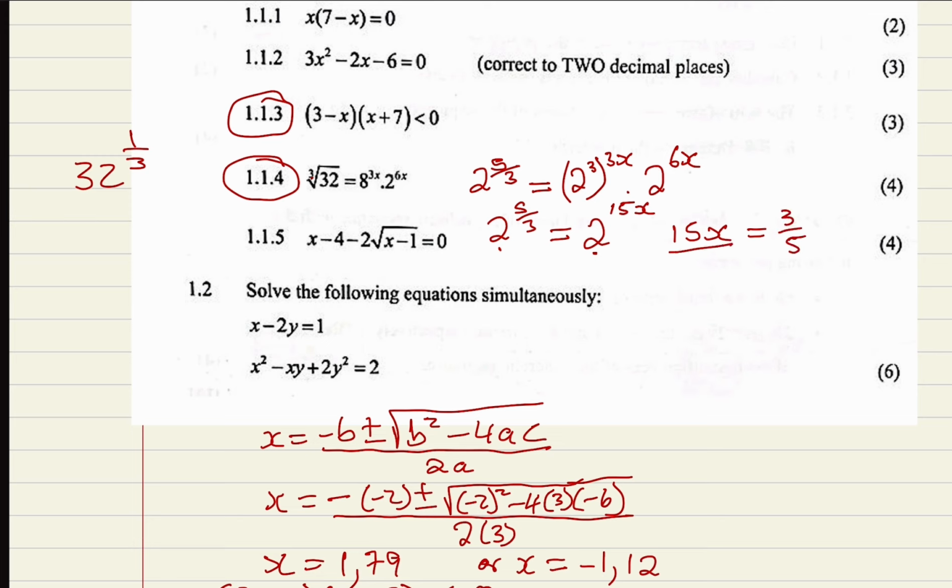Then you divide by 15. When you divide by 15, you use your calculator. Don't use your mind, guys. That was 3 over 5, then you say this is divided by 15. You will have 1 over 9.